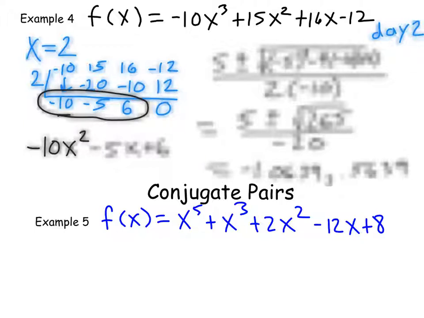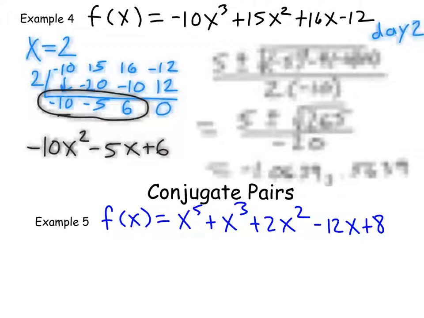It was a cubic. We did one round of synthetic division. And as a matter of fact, we did. We got it reduced down to a quadratic. And again, anytime we see this case, we're expecting to get the last two.